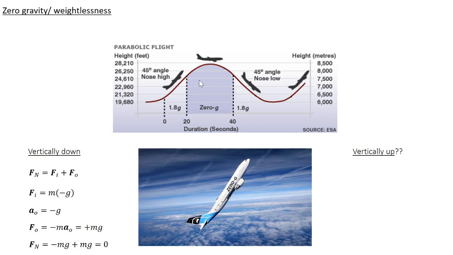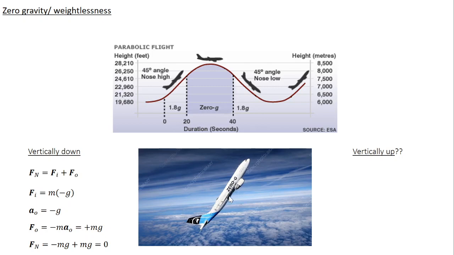Obviously this analysis is more tedious, so for simplicity let's assume that the plane is moving vertically up and vertically down. Let's first check what happens when it is moving vertically down. Let's imagine that the acceleration of the plane is equal to the acceleration due to gravity, which is 9.8 meter per second square.